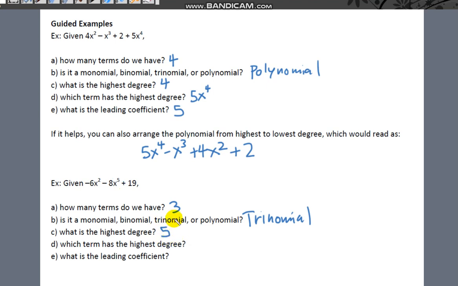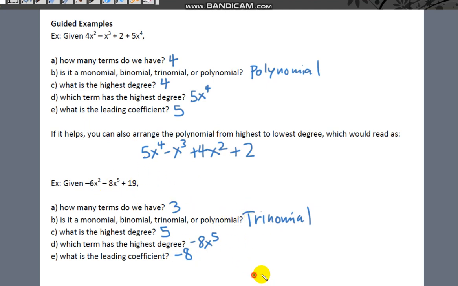Which term has the highest degree? It would be this whole thing here. So that would be negative 8x raised to the 5th power. The leading coefficient is going to be the coefficient that's in front of this term. So negative 8. Okay. Now, let's say I were to rearrange this polynomial from highest to lowest degree.